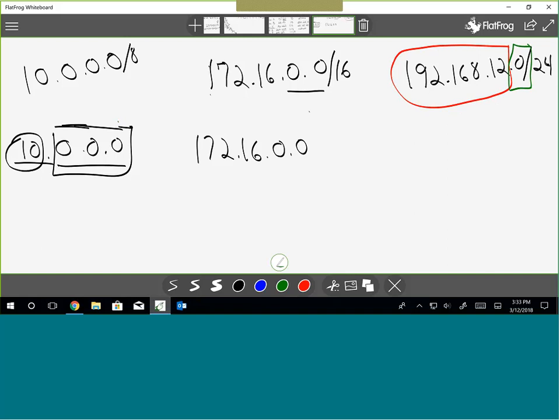How many hosts are there on a class C? How many total maximum hosts can you have? Well, you have 255, and then you account for your network and your broadcast. The way to figure it is 2 to the H minus 2 equals the number of hosts on any network, where H equals the number of host bits.